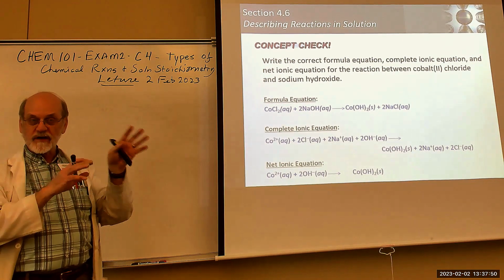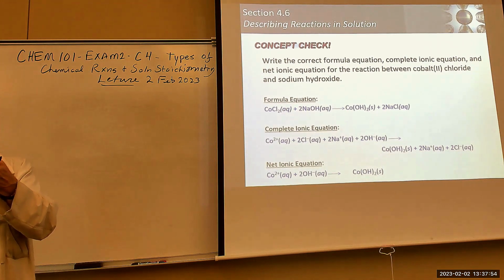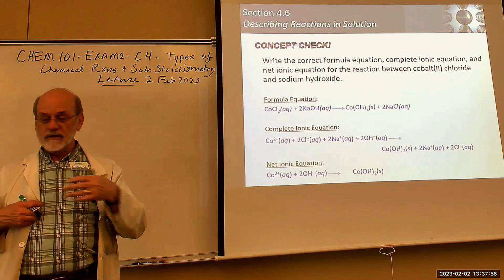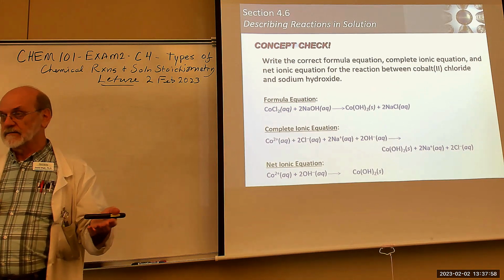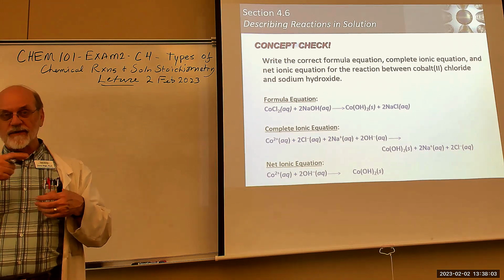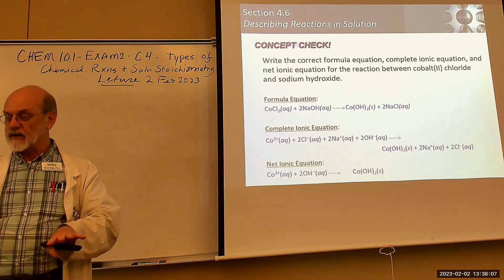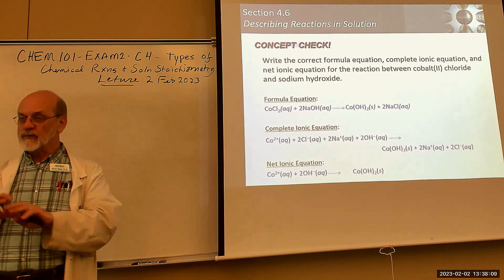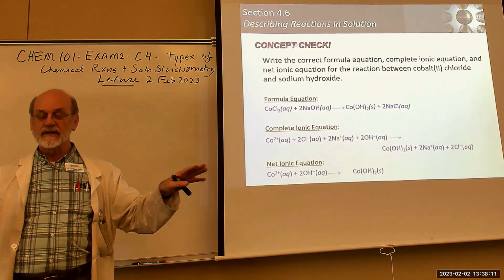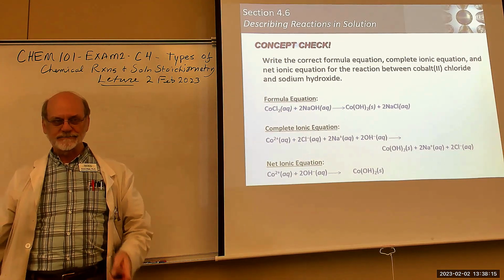And then on the product side, ask yourself, you've already asked yourself this with the molecular equation, is there a precipitate? And then you mark that one as a solid, and it doesn't change when you go to the complete ionic equation. And once you've got the complete ionic equation written correctly, then you cancel the spectator ions, and that's your net equation.